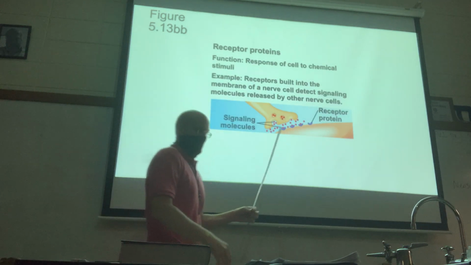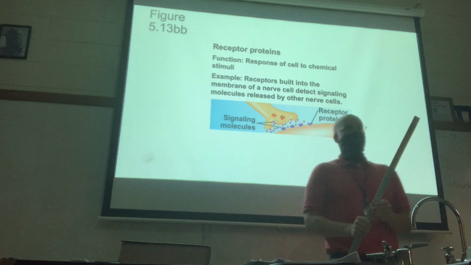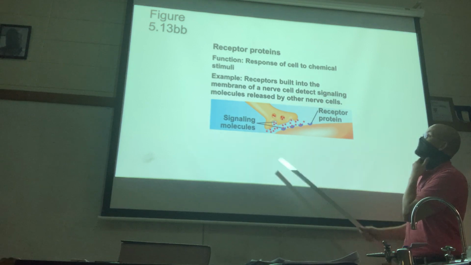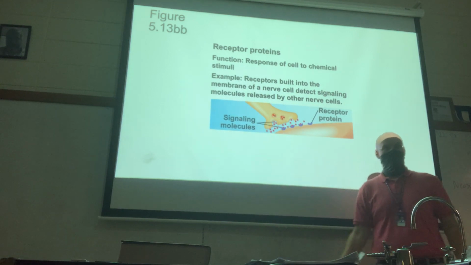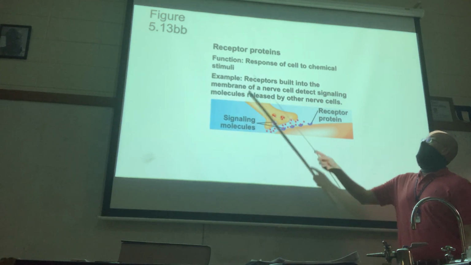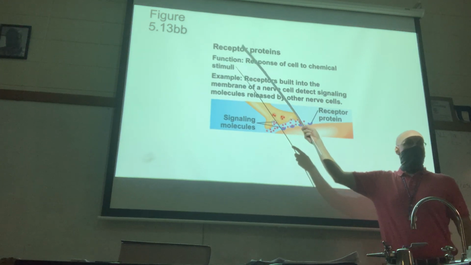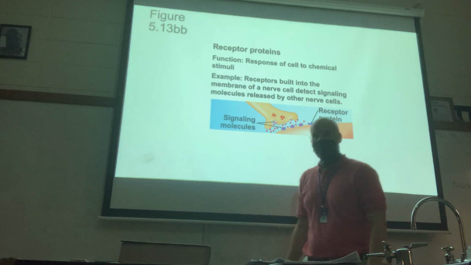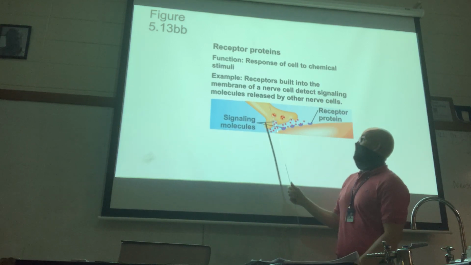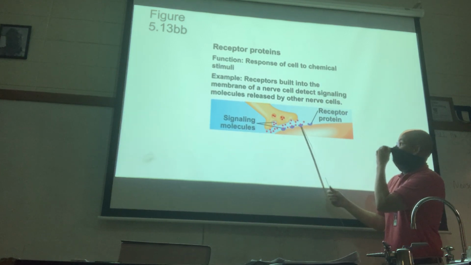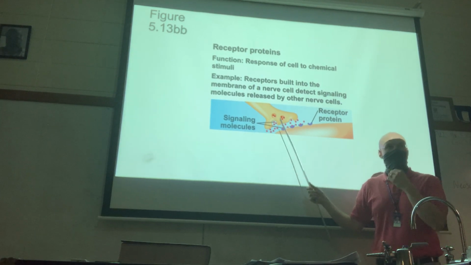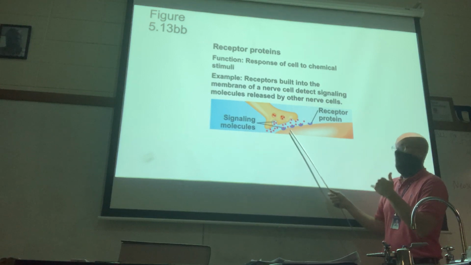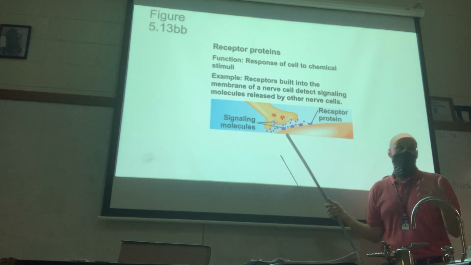Similarly, they can be involved in a more direct communication between two cells in the form of receptors. This is actually the unit we end this semester with. We essentially spend an entire unit talking about how there are little proteins on one cell that can detect chemicals, and then they tell that cell to do something or to not do something.